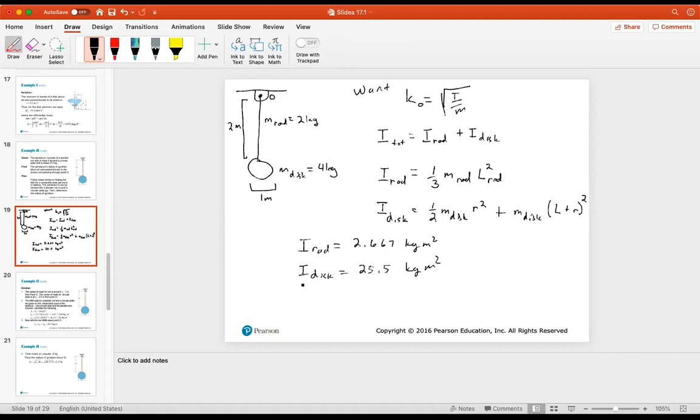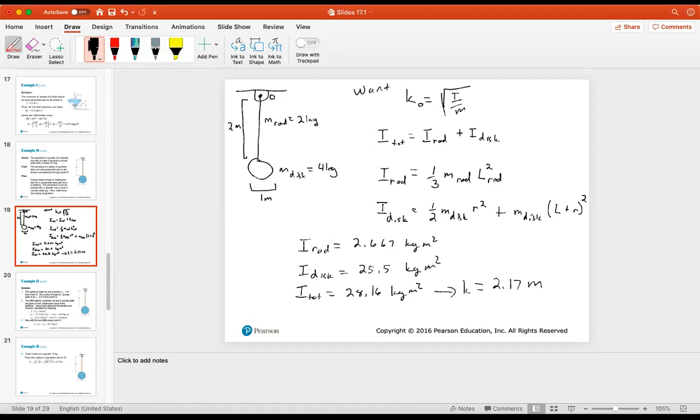So the total moment of inertia equals 28.16 kilogram meters squared. And since the total mass is 6, I can use that to find k equals 2.17 meters.